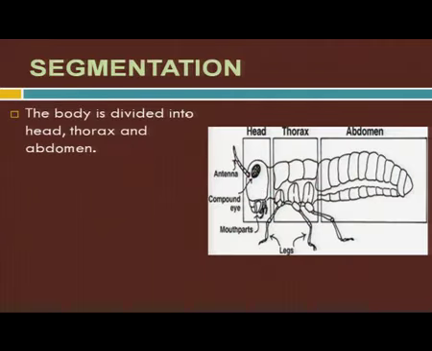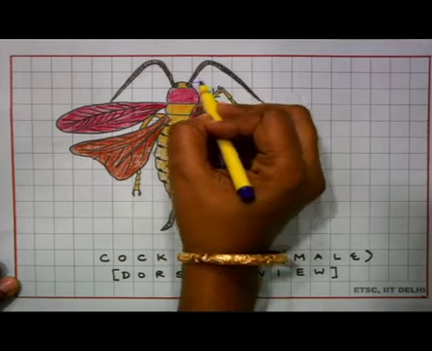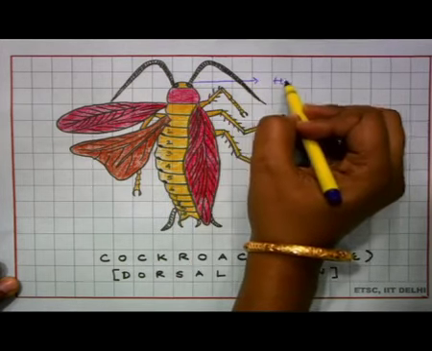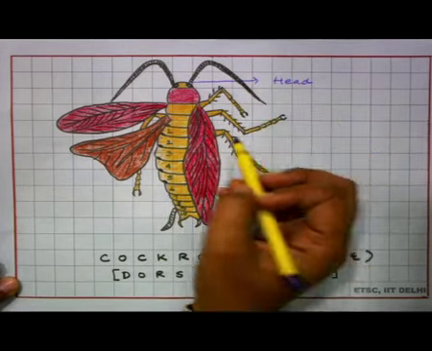As I told you earlier, there is segmentation all over the body, and the body can be divided into head, thorax and abdomen. So, if we label it like this, this portion is the head, and then the thorax.